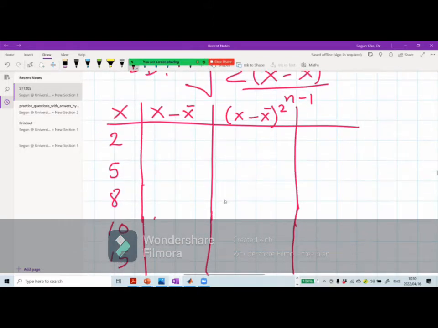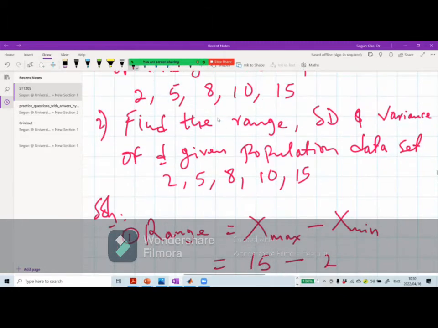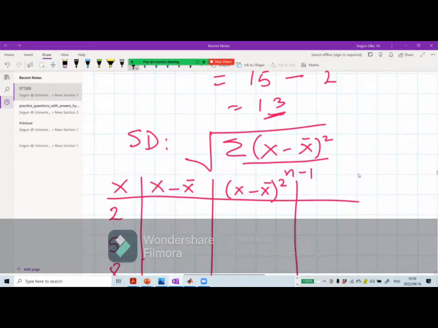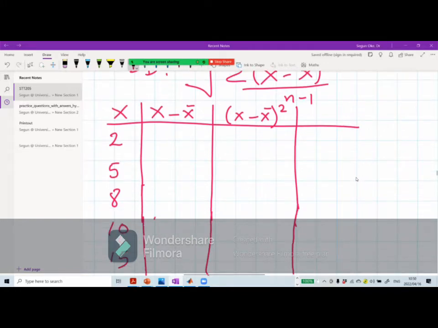Now, our x in this case, they already told us is the sample. So we know our x bar is 8, meaning 2 minus 8 is equal to minus 6.